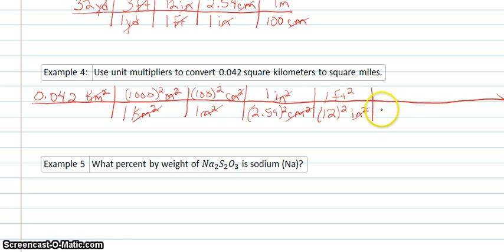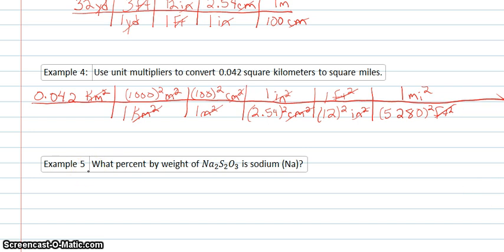And then there are 5,280 squared feet squared in 1 mile squared. So now we've converted our kilometers squared to miles squared.